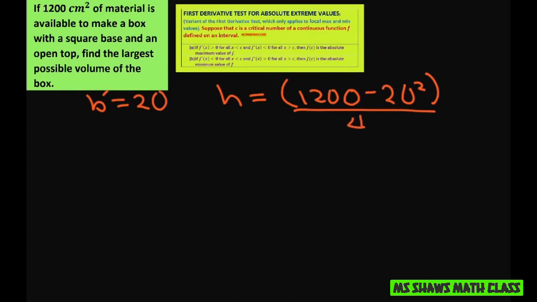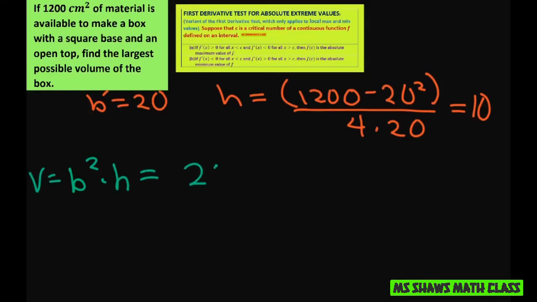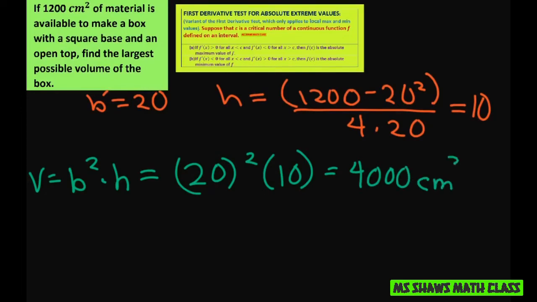So that's going to be 4 times 20. And this equals 10. So the largest possible volume, B squared times H is your volume, equals 20 squared times 10, which equals 4,000 centimeters cubed. And that's your final answer.